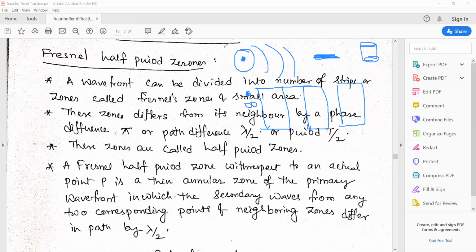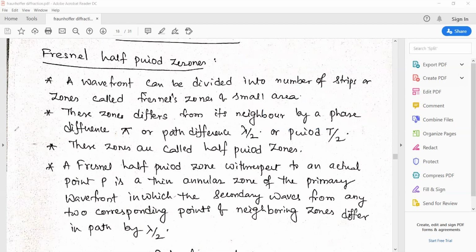What Fresnel did is he took the planar wavefront and divided the wavefront into a number of zones. This is one strip. Number of strips or number of zones.